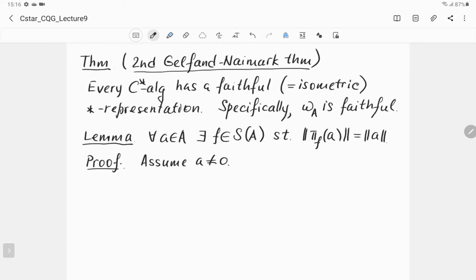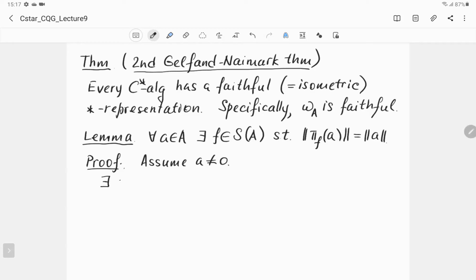Let's recall that at the end of the previous lecture, we proved that for each normal element of A, there exists a state f such that, if little a is a normal element, then the absolute value of f of a equals the norm of a. So let's apply this result, but of course not to the element A, because here A is not assumed to be normal, but to the following element.